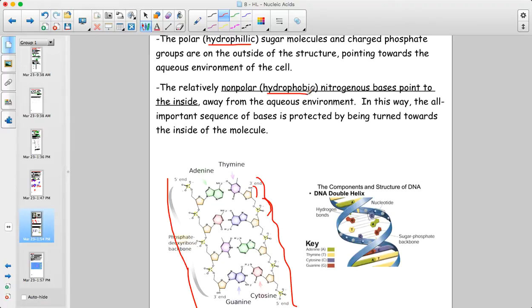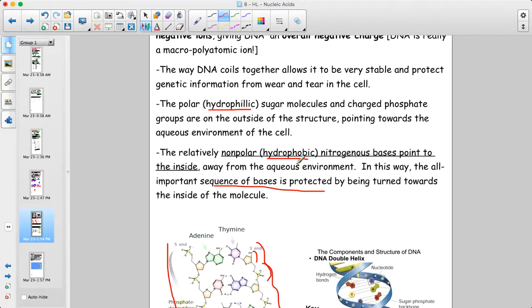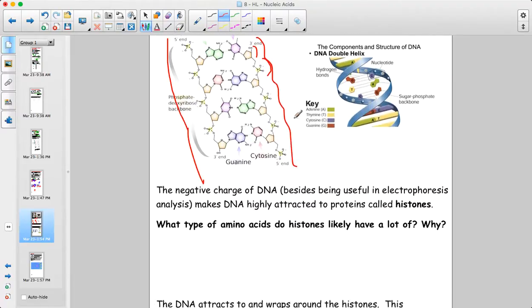By coiling up and keeping those at the center, it keeps the sequence of bases relatively protected from whatever molecules may be knocking into the DNA when it's inside of your cell. So it's a really cool structural feature of DNA that the way it coils up makes it very stable and very good at protecting that perfect genetic information that's all lined up.